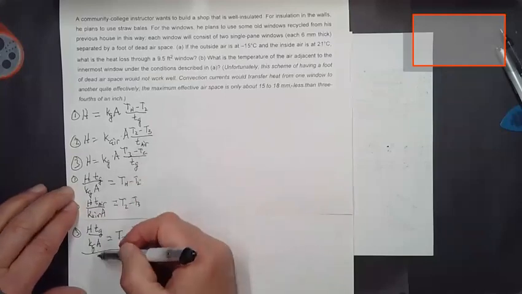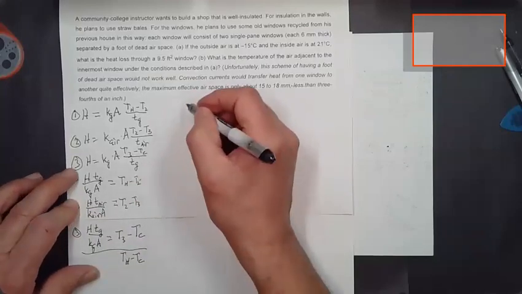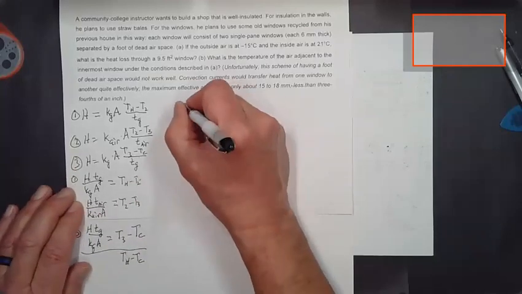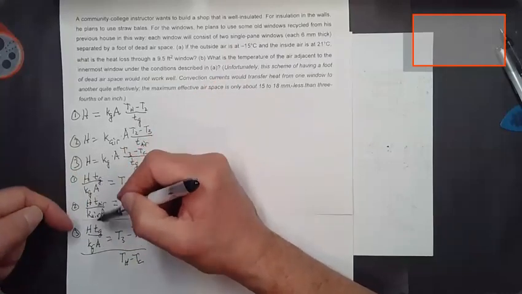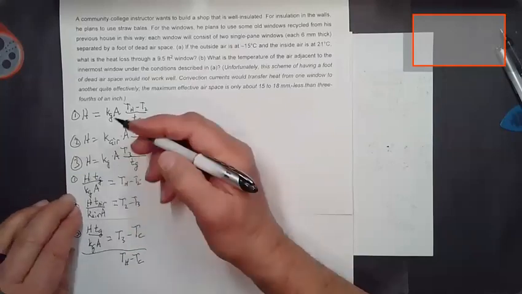Now, this part's a little bit messier. I'm going to move up here to write that out. But the first and the third left sides are identical, so I'll have two of those.